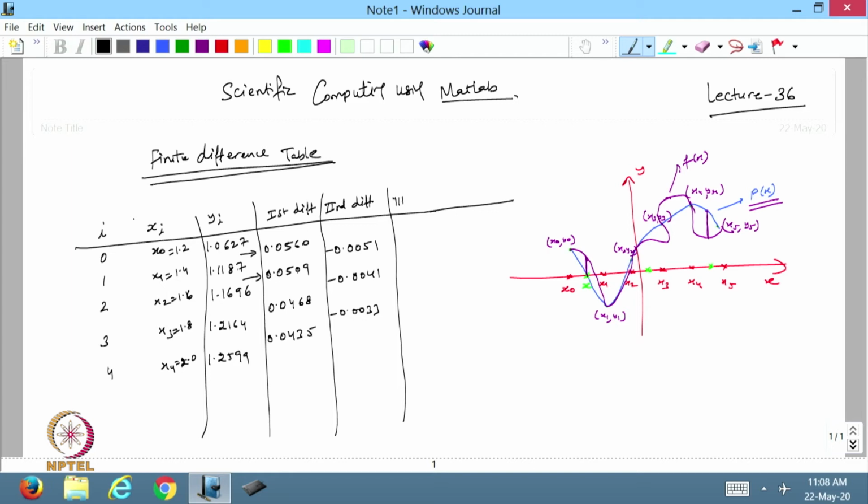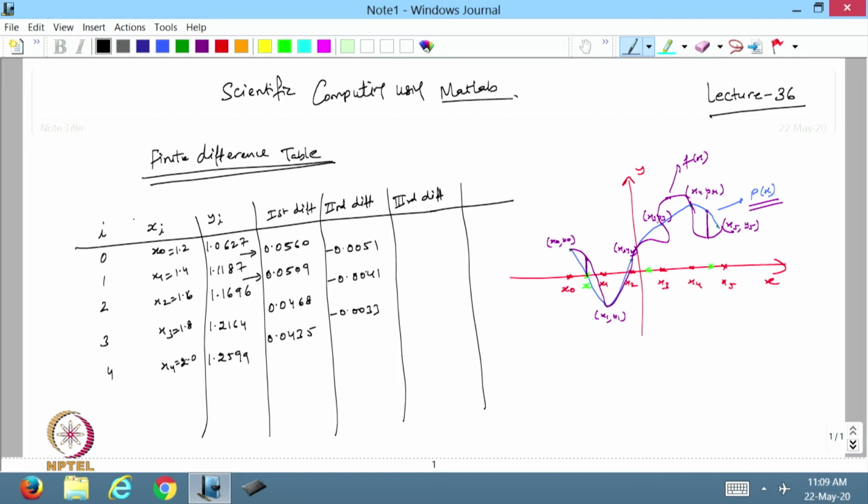Then I will take the third difference. Now, we also know that we have 5 values. In the previous lecture we discussed that if I go with these 5 values, the fourth difference will be a constant value. So, that we already know from the previous lecture.